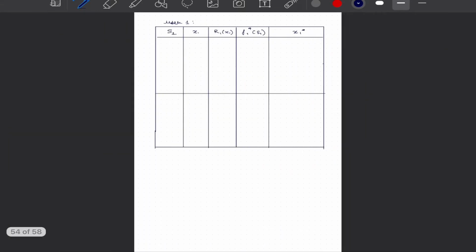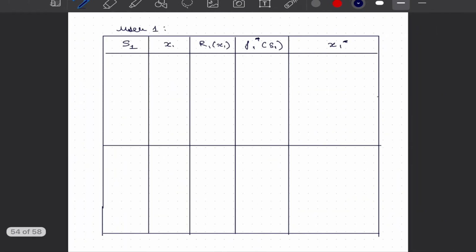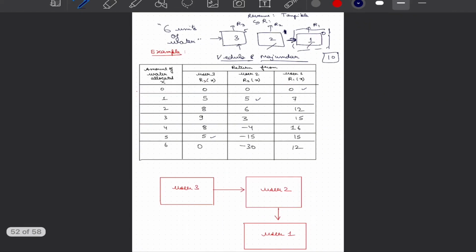If we go with state equal to 3, we are looking at 0, 1, 2, 3, and our returns are 0, 7, 12 and 15. That would mean to maximize our gains, we should have the returns of 15 by allocating 3 units to our user 1. Now we will go to the next state, which is 4.